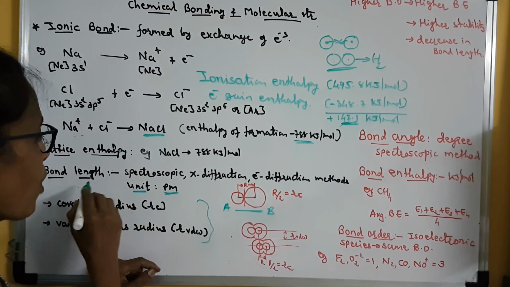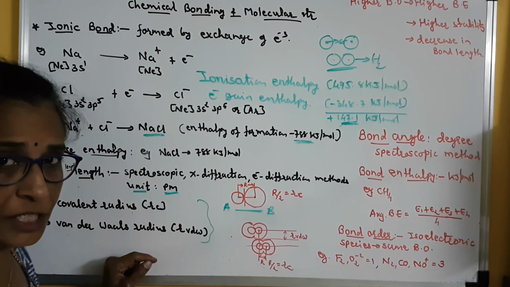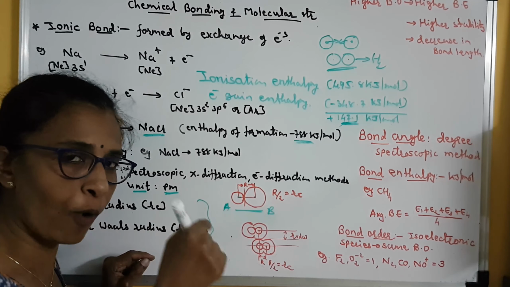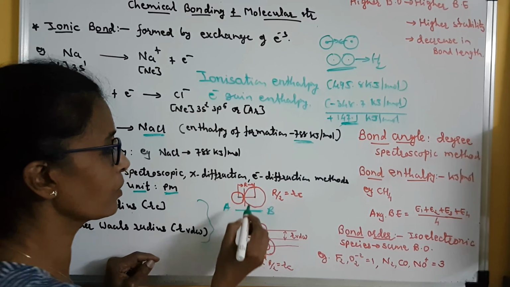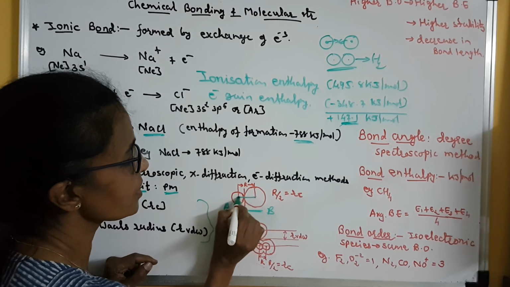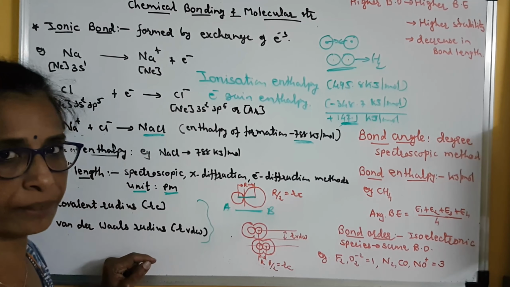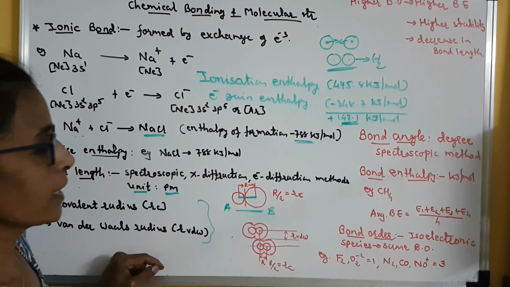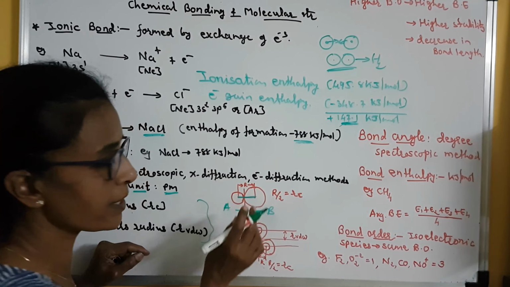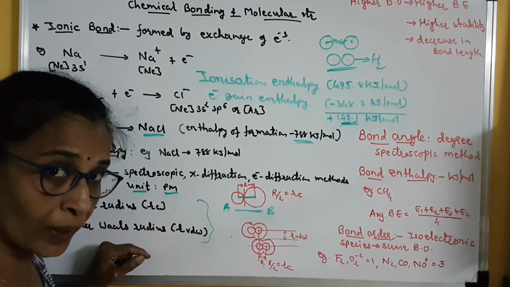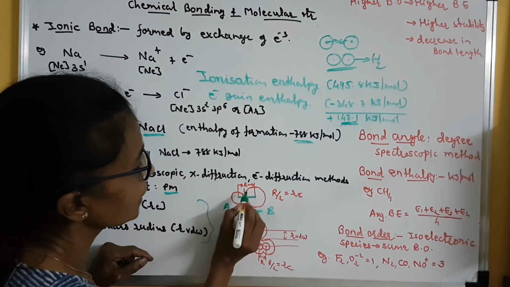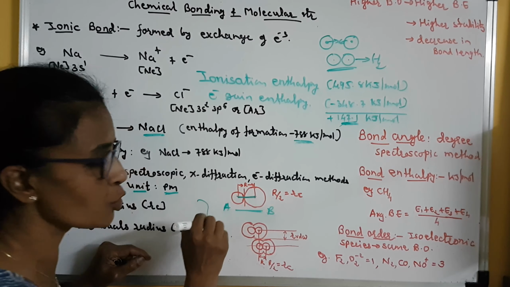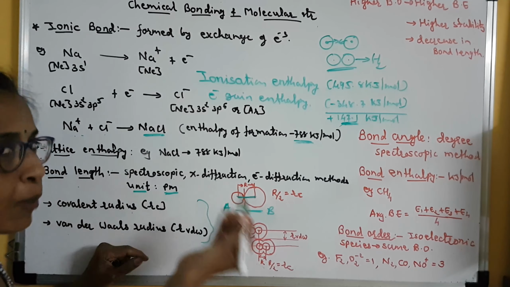Clear? The bond length is the equilibrium distance between the nuclei of two bonded atoms in the molecule. So this equilibrium distance, we can say, is the bond length. Clear? But what is covalent radius? Now here when these two atoms are bonded by a covalent bond, then this distance, this capital R, is the distance between the two nuclei, that is the bond length.